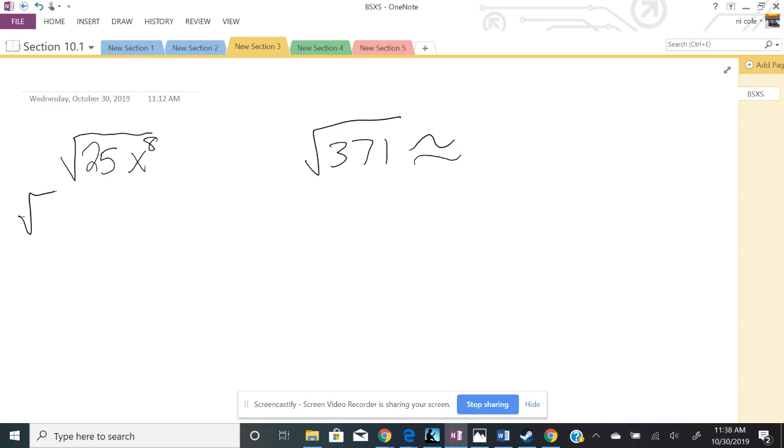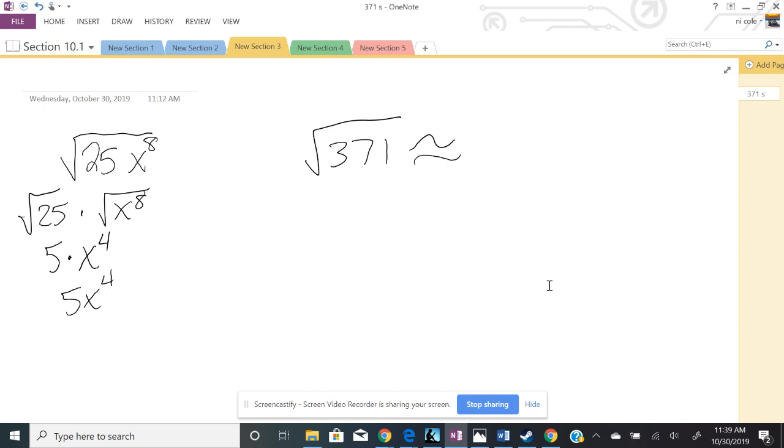That's the same as saying the square root of 25 times the square root of x to the 8th. Well, the square root of 25 is 5 times the square root of x to the 8th is x to the 4th, so you'd have 5x to the 4th. So you just take each thing individually and you do them individually.